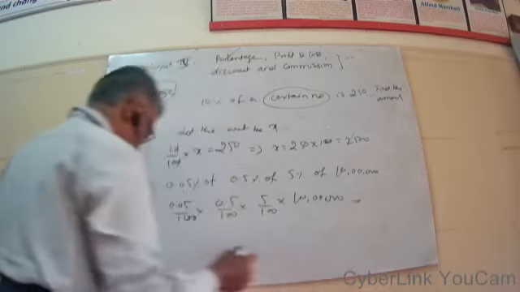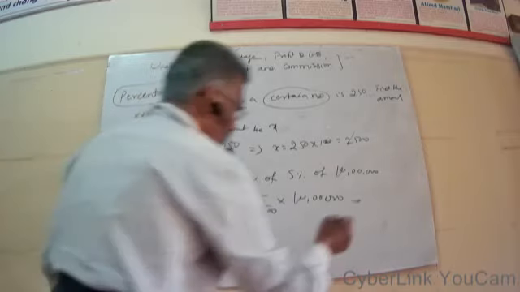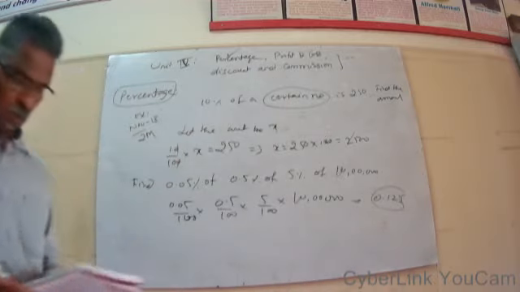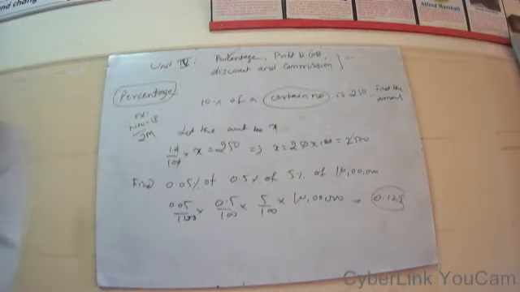By simplification, you get 0.125. That is all. So these are the examples. Let us stop here today. Let us continue tomorrow. Thank you.